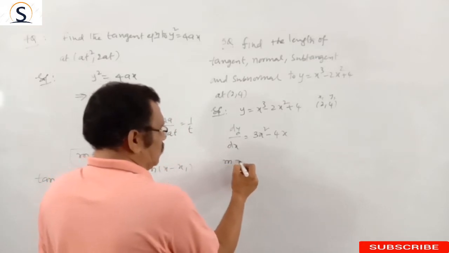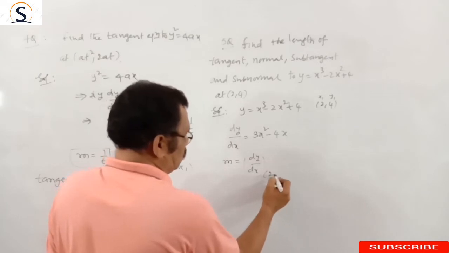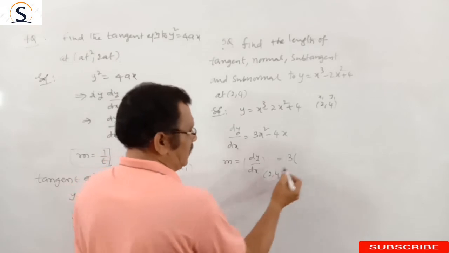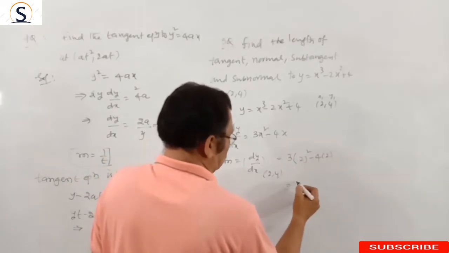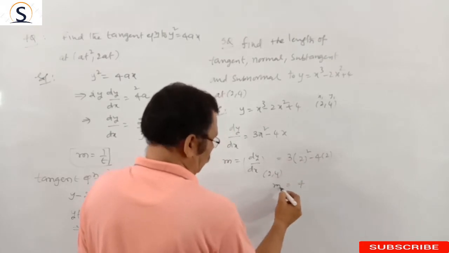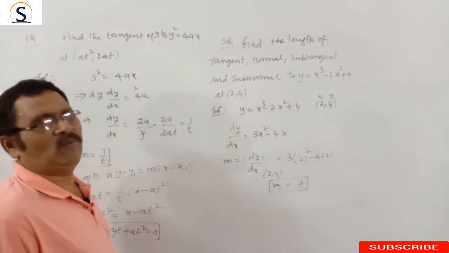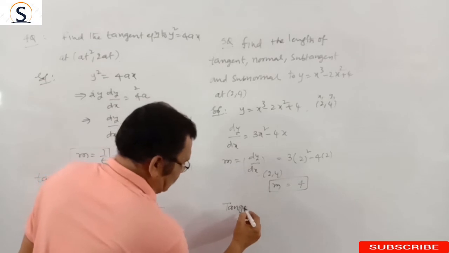Next, the m value, dy by dx at the point (2, 4), is equal to 3 into 2 square minus 4 into 2. That is 3 fours are 12, minus 8 is 4. Therefore, the m value is 4. We will apply all the formulas. Now, tangent length.